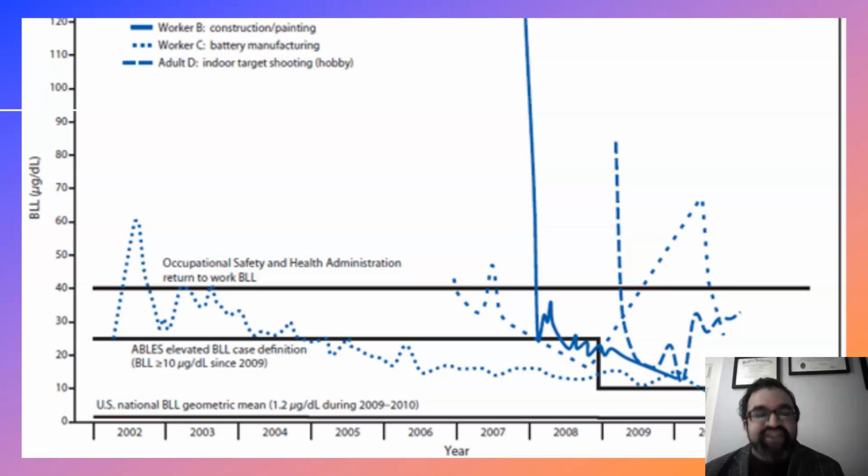And then construction, battery manufacturing. According to some of the regulations over the years, the lead has been decreased, but still these are potential sources. And then, of course, individuals that engage in target shooting and guns.